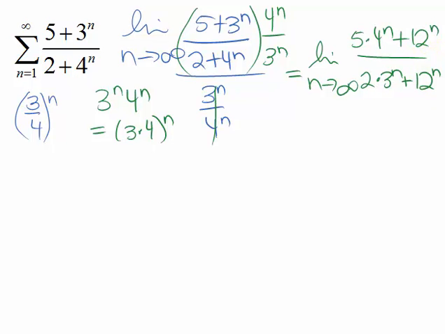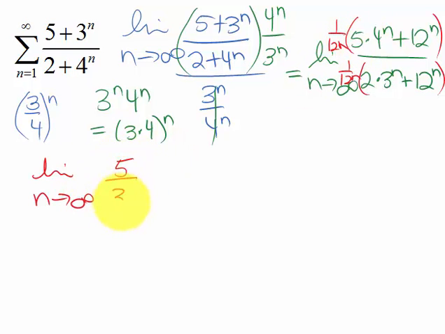So looking to see how I'm going to evaluate that limit, I'm actually going to multiply numerator and denominator by 1 over 12^n. So we'll come down here and have the limit as n goes to infinity of, when I multiply that here, I'm going to end up with 5 over 3^n because I have 5 times 4^n, and then 12^n is 3^n times 4^n, and those would cancel.